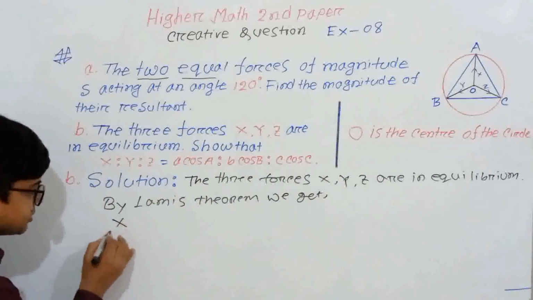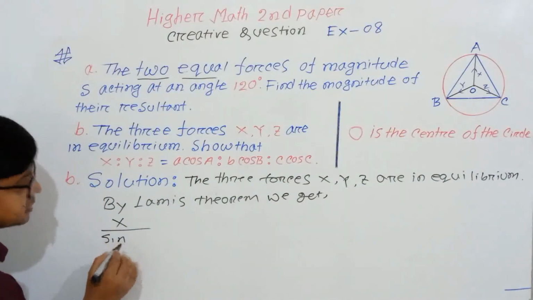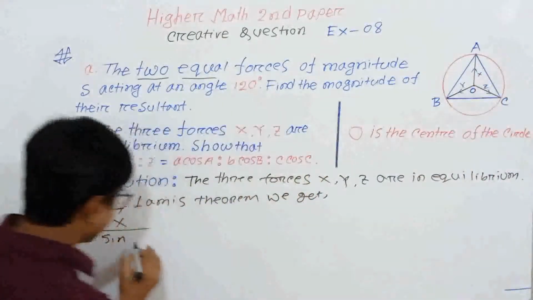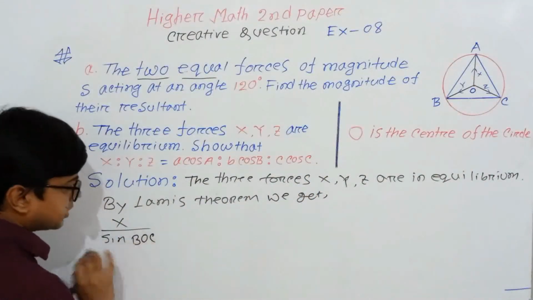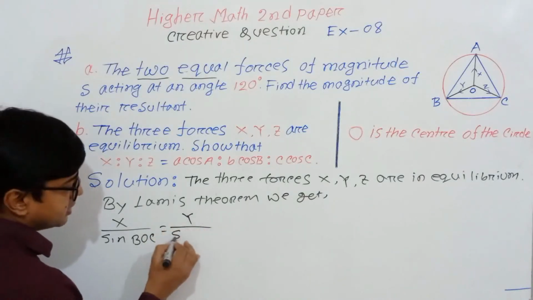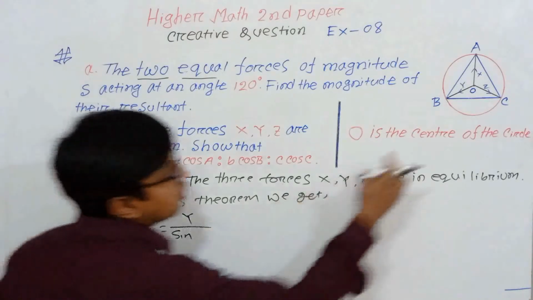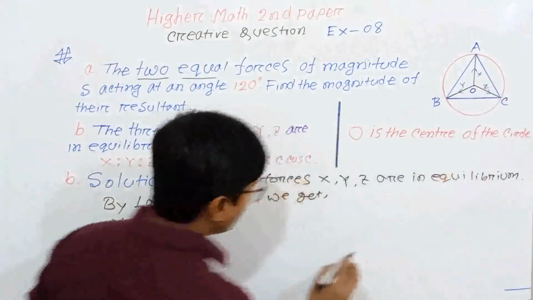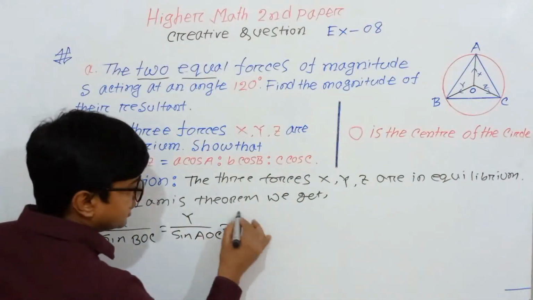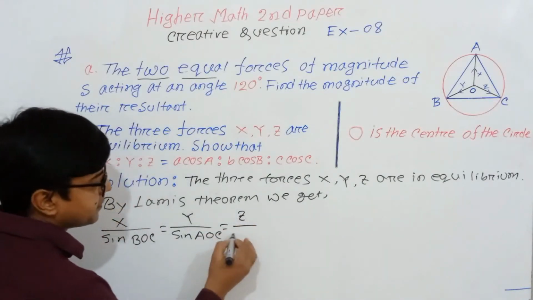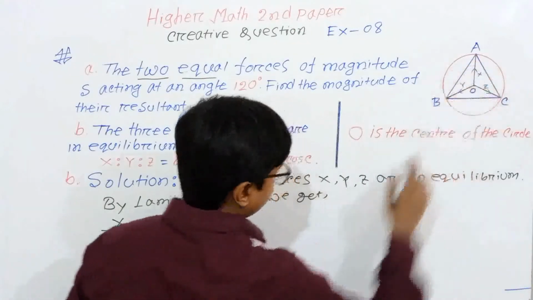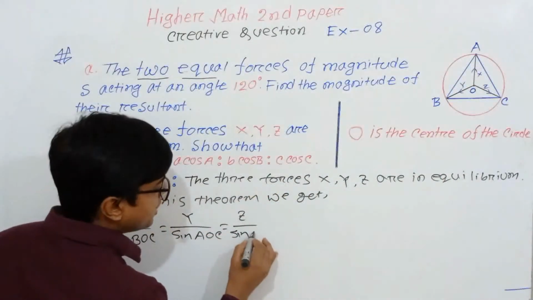Here X by sine BOC equals Y by sine AOC, and Z by sine AOB.